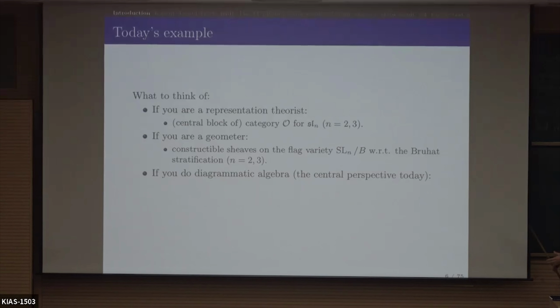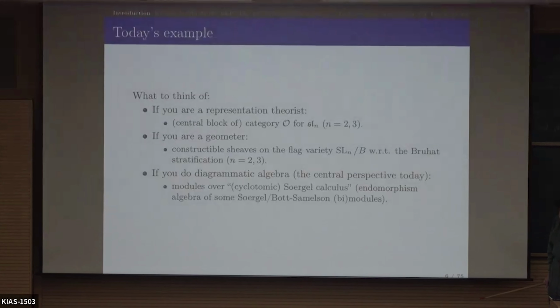And if you do diagrammatic algebra, which is the area that I'm in, this is what we'll focus on today: modules over some algebra. This algebra is known as Soergel calculus or Soergel modules, and sometimes people put a cyclotomic in front. What does this mean? For experts, this is the endomorphism algebra of some direct sum of Bott-Samelson bimodules or Soergel bimodules.